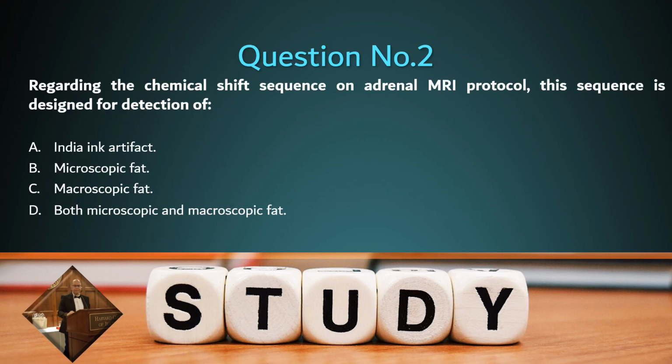Question number 2. Regarding the chemical shift sequence in the adrenal MRI protocol, this sequence is designed for detection of India ink artifact, microscopic fat, macroscopic fat, or both macroscopic and microscopic fat.